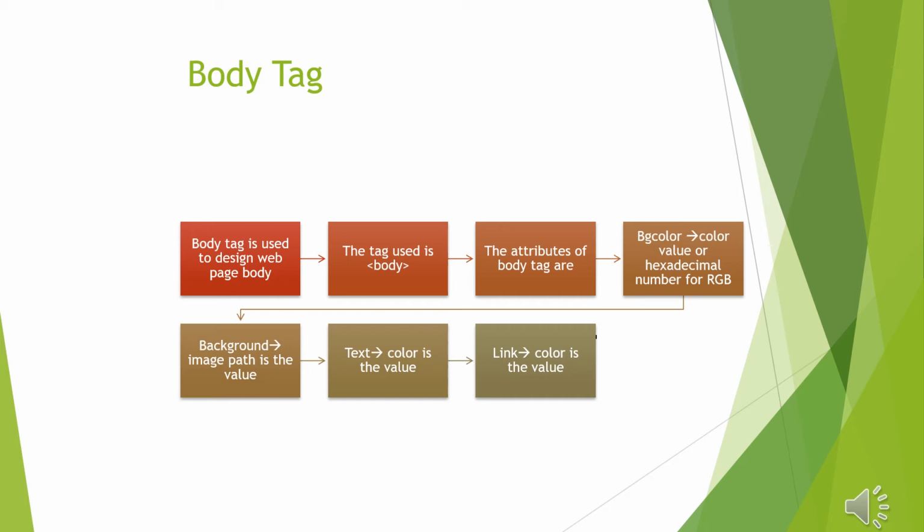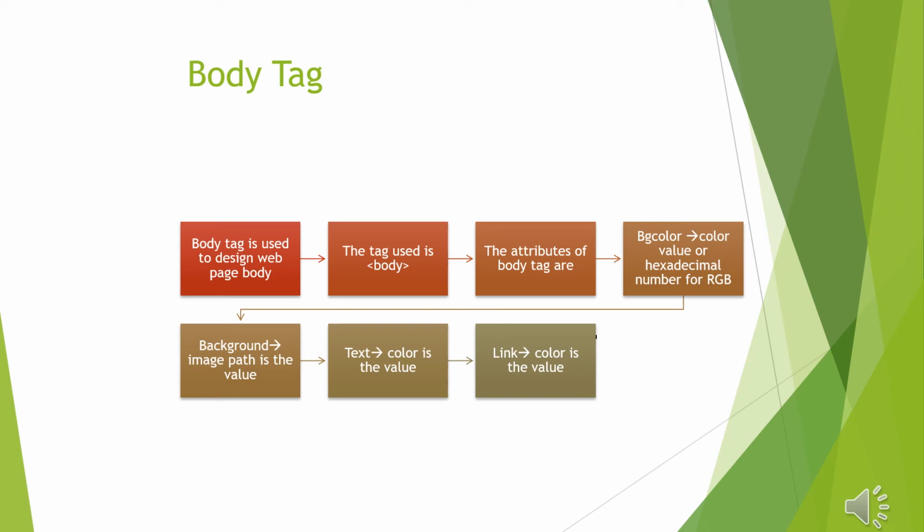So all the elements, or you can say all the contents of the web page that will be displayed on the browser, are stated within the body tag. So the body tag is used to design a web page body, and the tag is angular bracket, body, end of angular bracket. And as I've already discussed, the body has some attributes. It is not necessary that you need to use all the attributes at the same time.